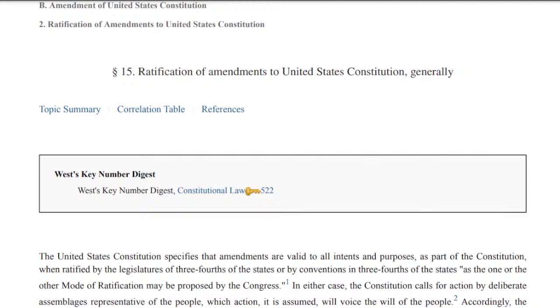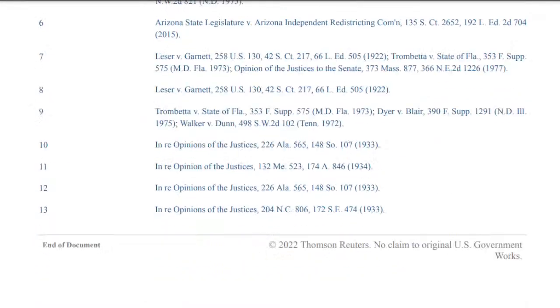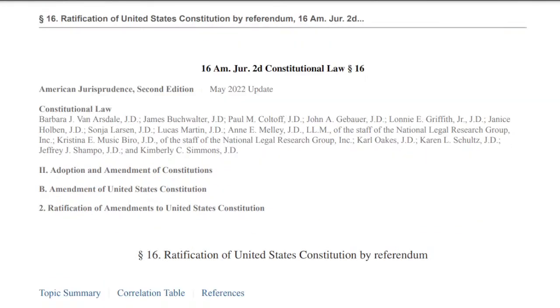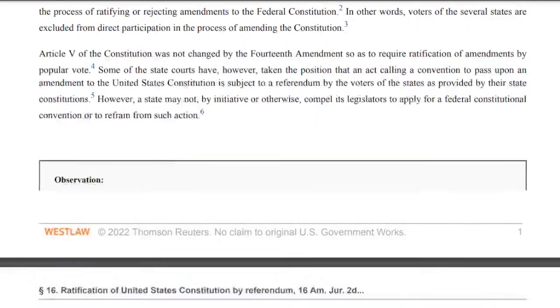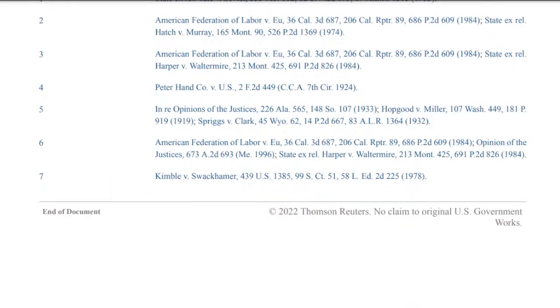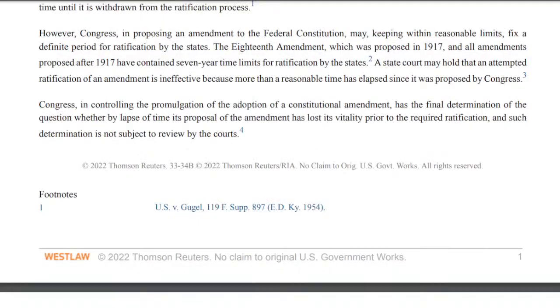So, ratification of amendments. This is the technical part of the government's role in keeping our Constitution by referendum. And this is going to be a little bit too much for what I think we want to go over today, so I'm just going to pass this. Time for ratification.